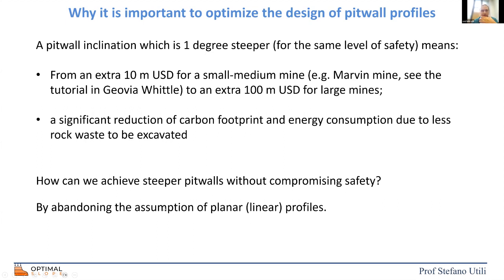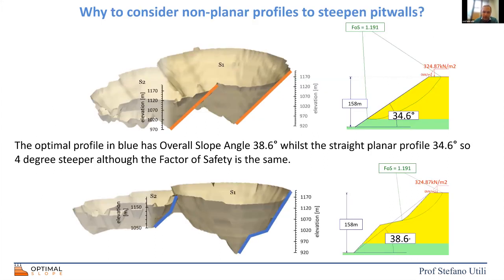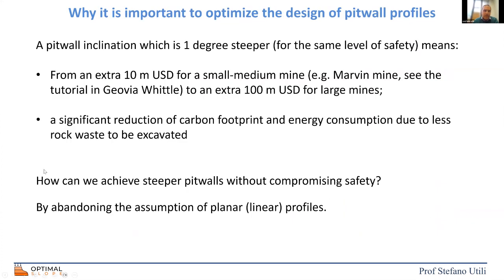So you can associate in your mind that 1 degree of steepness is 10 million for a small mine, and can be in excess of 100 million for a larger mine. So the key point is, how can we achieve a steeper pit wall? Clearly we can see immediately the economic benefit, without compromising safety, because the whole point is to maintain safety.